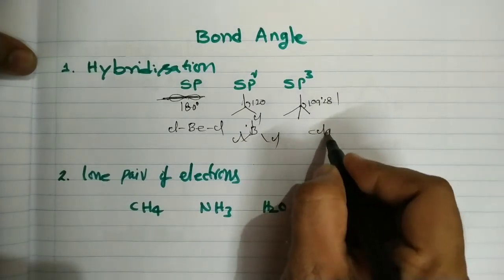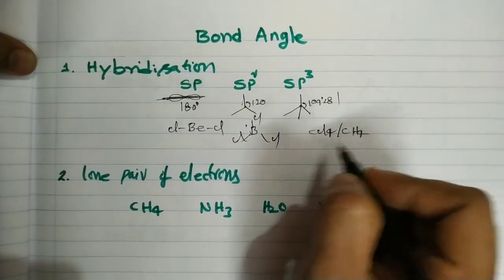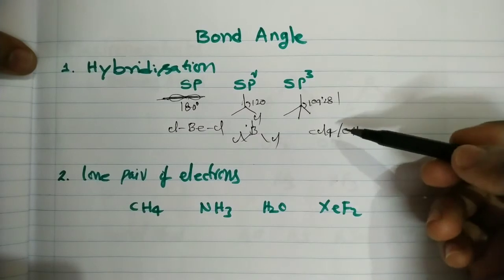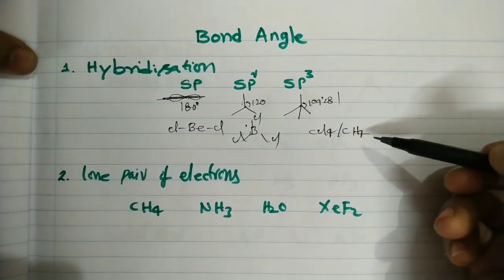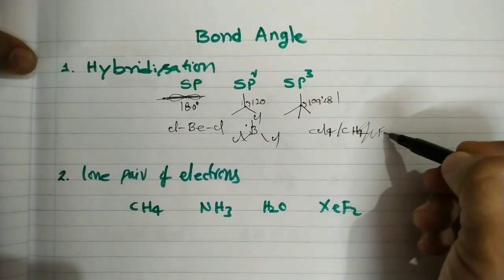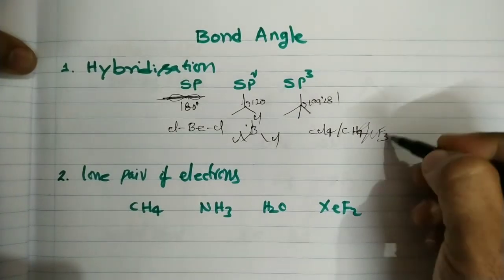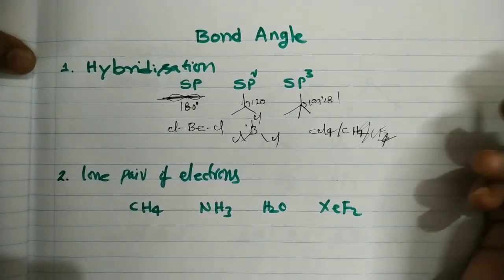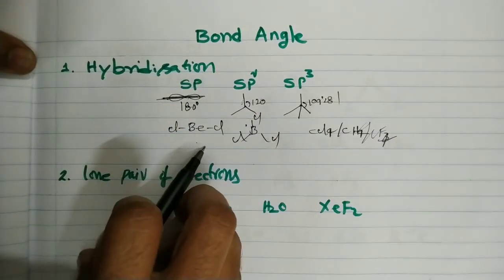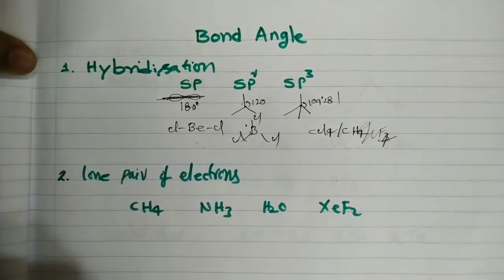Next, CCl4 or CH4 are tetrahedral, so the bond angle is 109 degrees 28 minutes. Of course, for the CF4 molecule also the bond angle is 109 degrees 28 minutes. So for sp hybridization the bond angle is higher, for sp3 hybridization the bond angle is lesser.